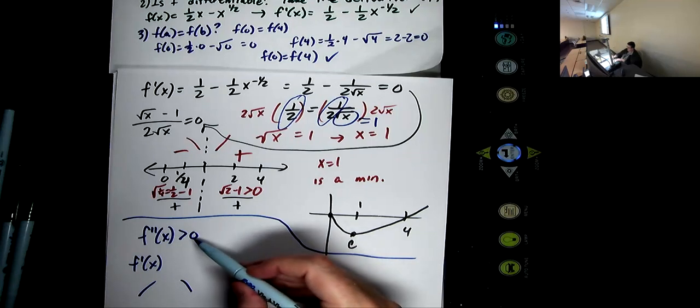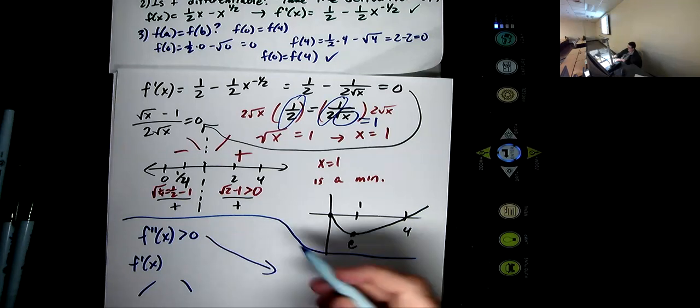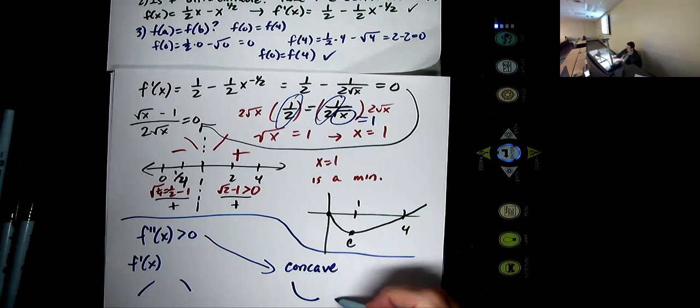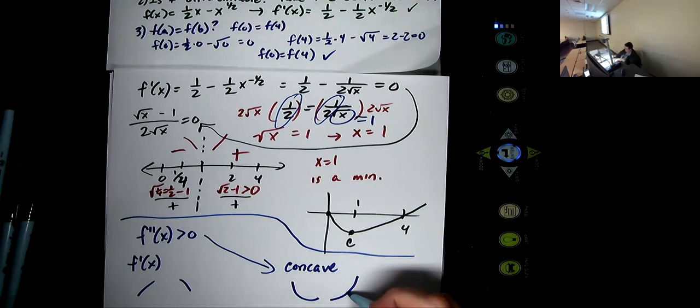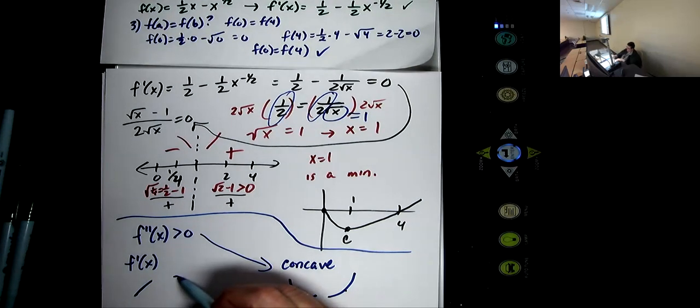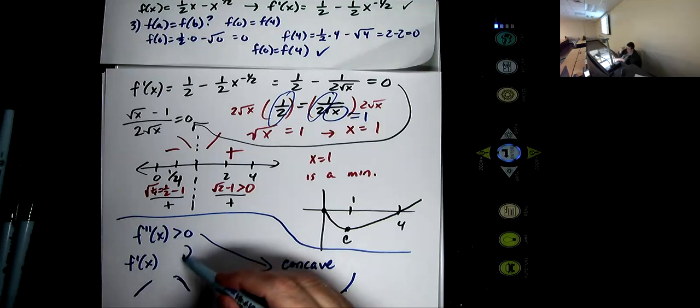Okay, so there's a couple ways concavity goes. This is concave up. That is concave up, that is concave up. Here, if you had increasing and then decreasing, this should not match that.